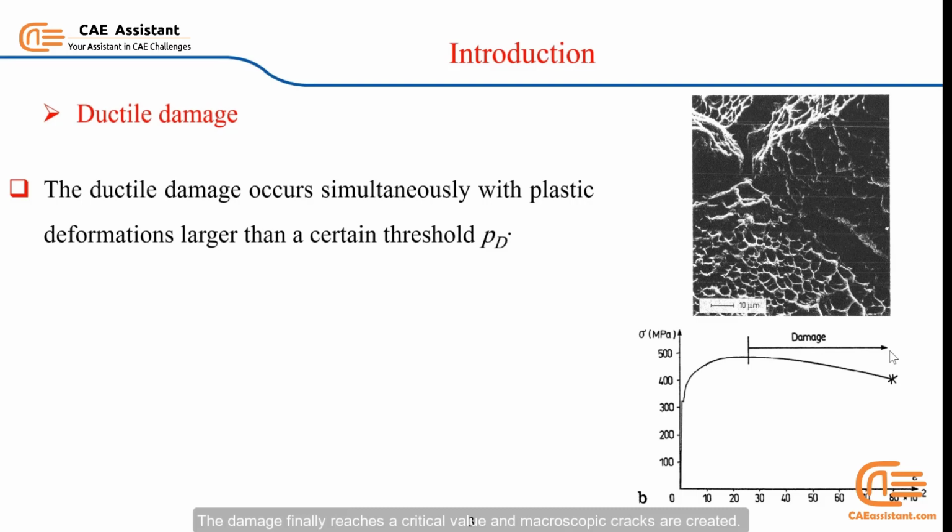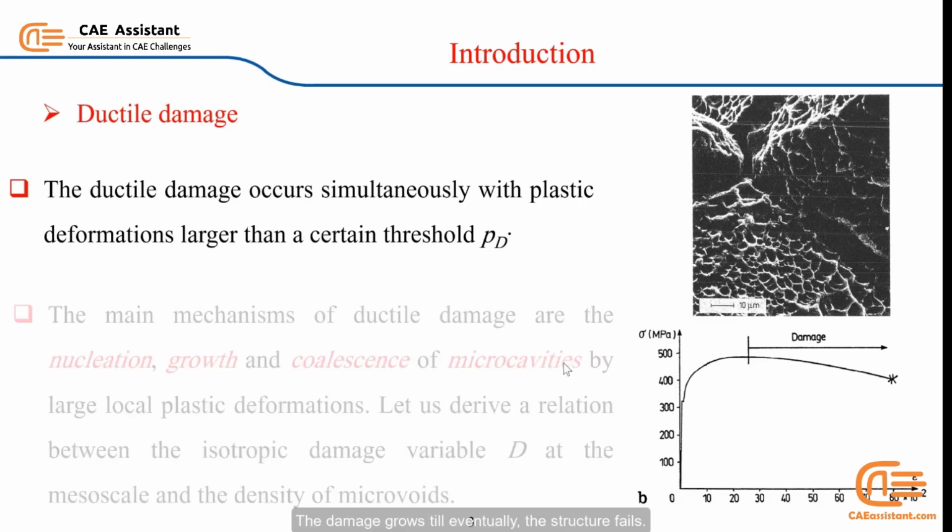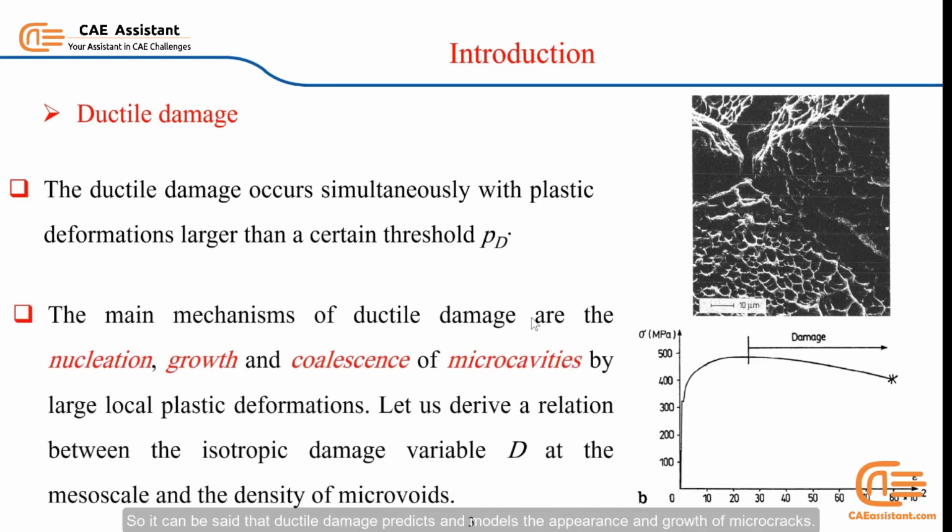The damage finally reaches a critical value and macroscopic cracks are created. The damage grows till eventually the structure fails. So it can be said that ductile damage predicts and models the appearance and growth of microcracks. In the current model, the damage is considered as isotropic damage and is represented by parameter D.